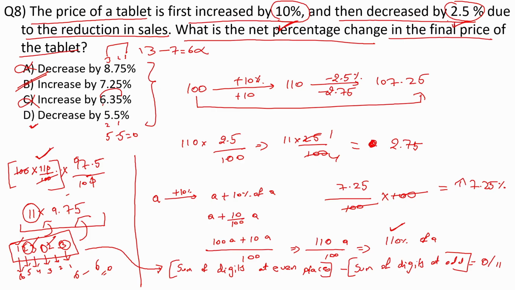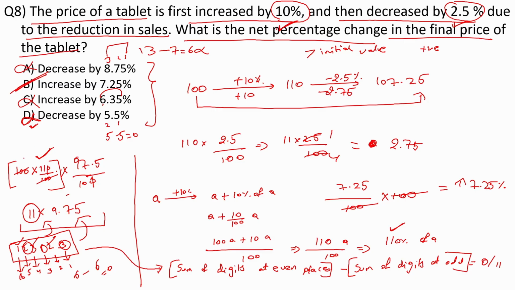So ultimately the resultant value would definitely be greater than my initial value, right? So the percentage change would also be positive. By this conclusion, option D is also eliminated. So ultimately option B would be my answer.